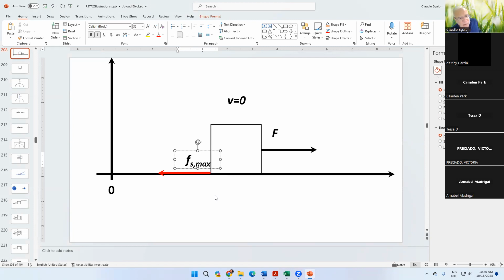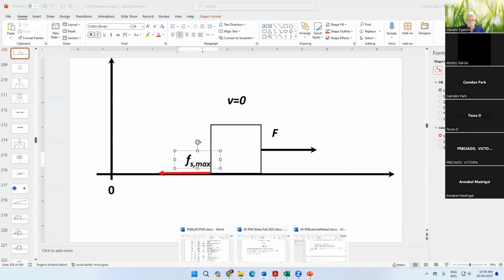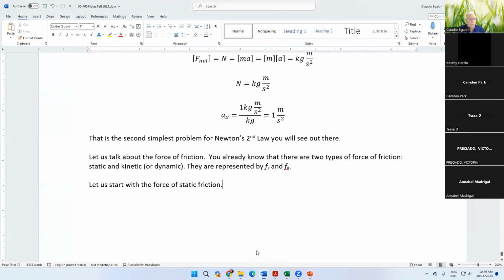The force of static friction is a little bit more complicated than force of kinetic friction, okay? So if you understand how the force of static friction works, then you understand how the force of kinetic friction works, okay? So let's write it down, what I just told you. Static friction, okay?